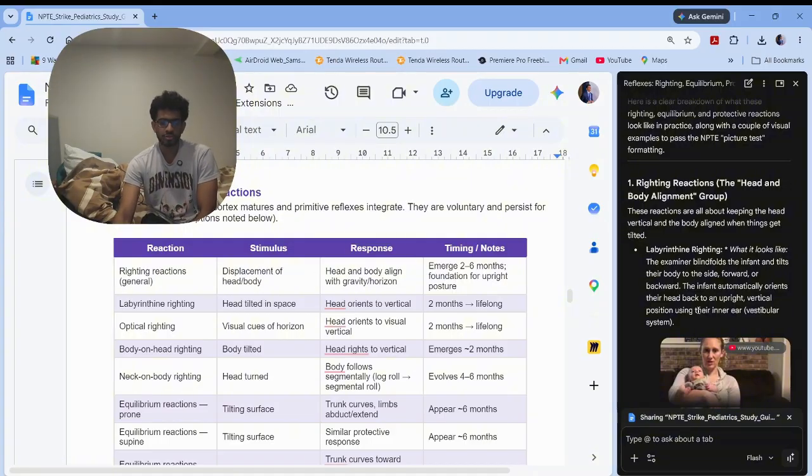Now if you really want to understand the righting reactions, you need to know what a righting reaction is, right? These righting reactions are all about keeping the head vertical and the body aligned when things get tilted. So the idea here is our body is trying to maintain balance.